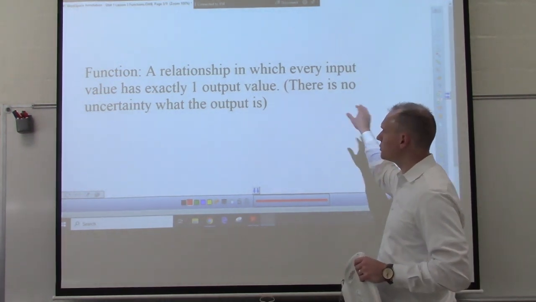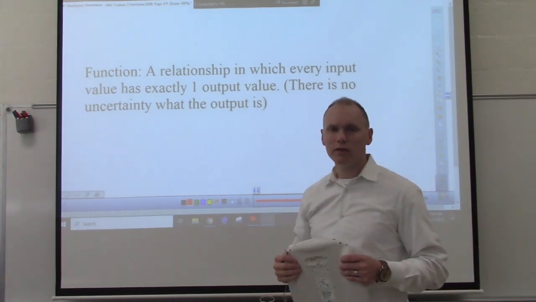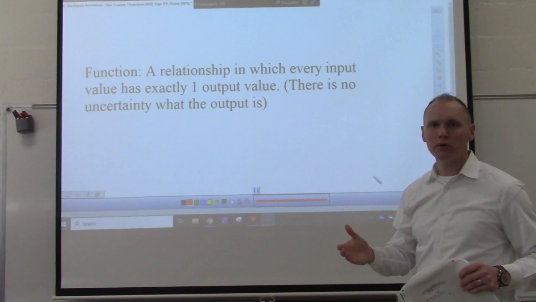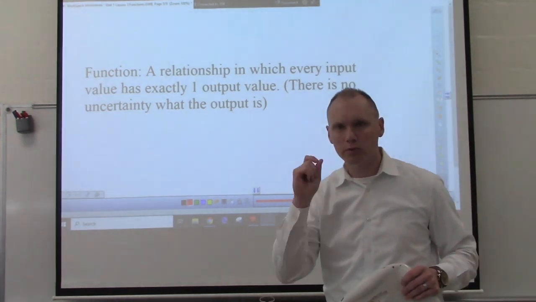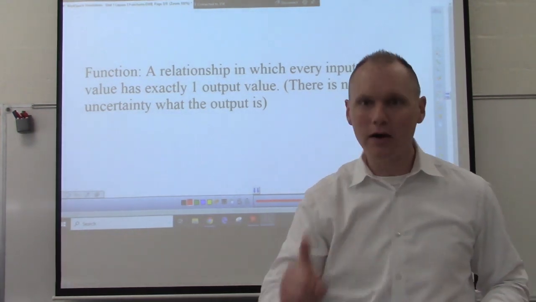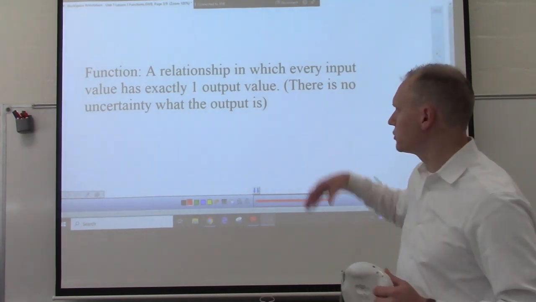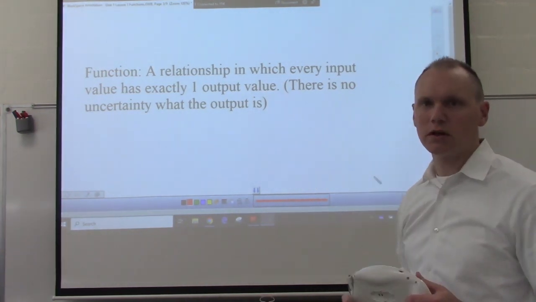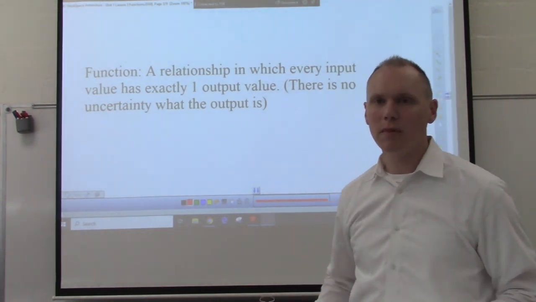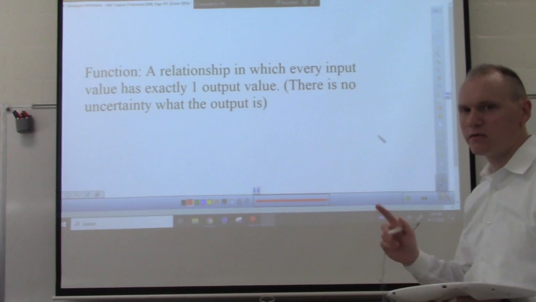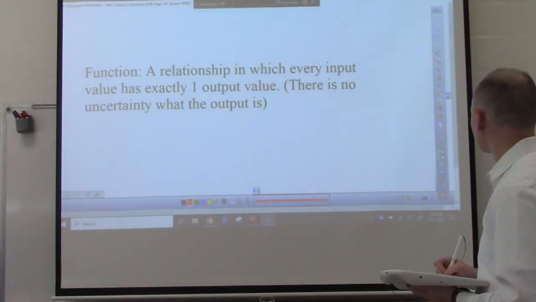So in other words, there's no uncertainty with the outputs. There's no uncertainty about what the output is. We can know precisely the one value that is outputted. All right? So we'll introduce some more language that'll make this definition a little more mathematical later on. But for right now, let's just think about it as inputs and outputs. Every input has exactly one output.